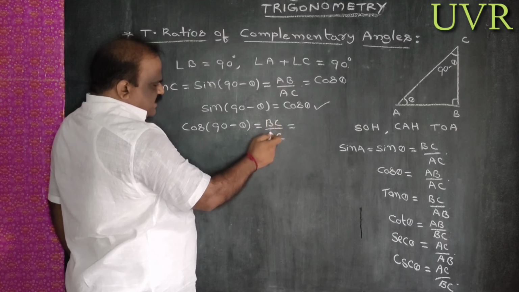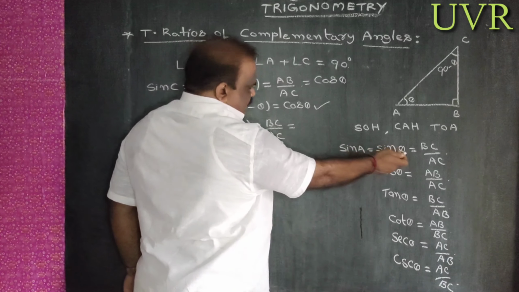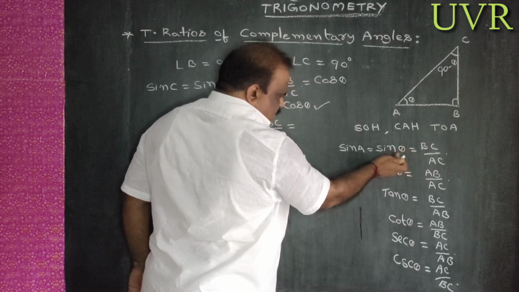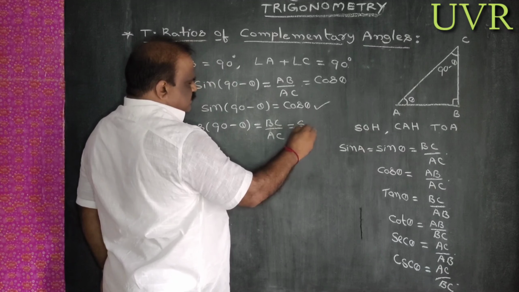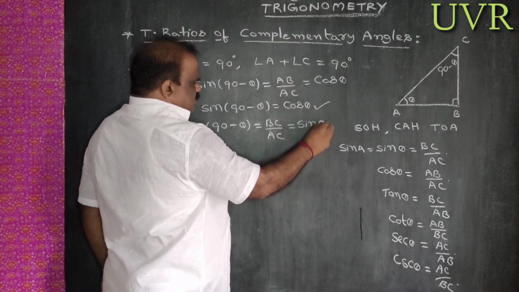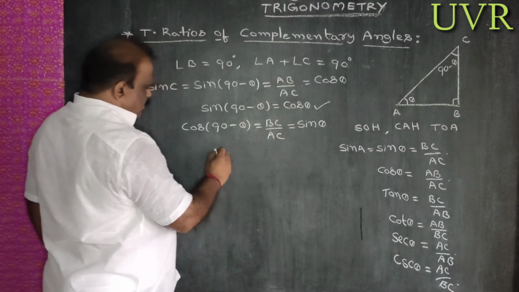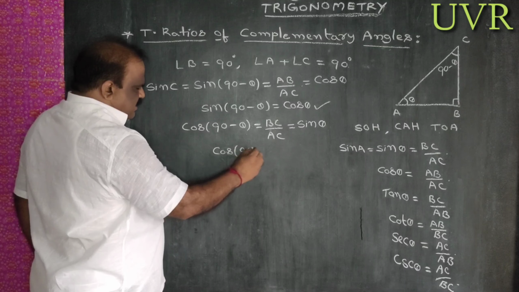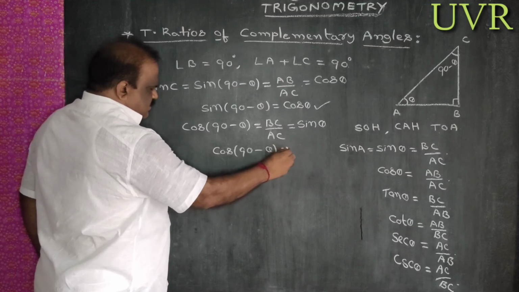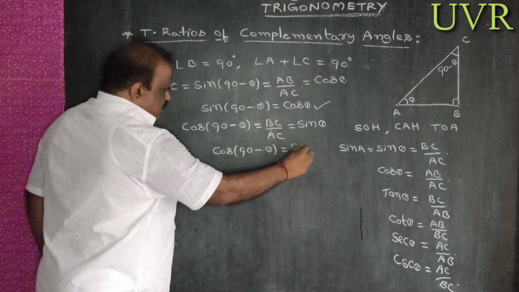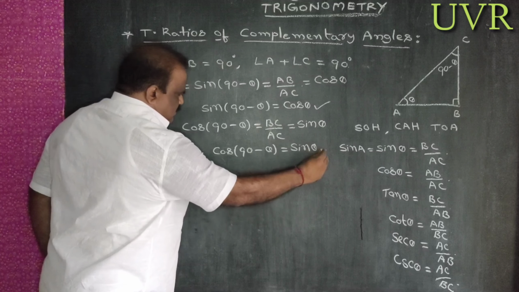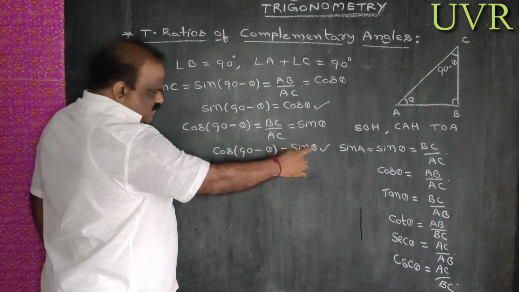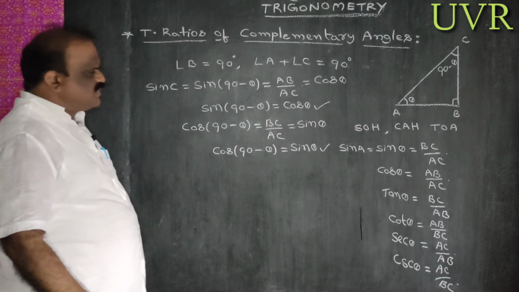Here BC by AC is equal to sin theta. So from this we know cos 90 minus theta is equal to sin theta.